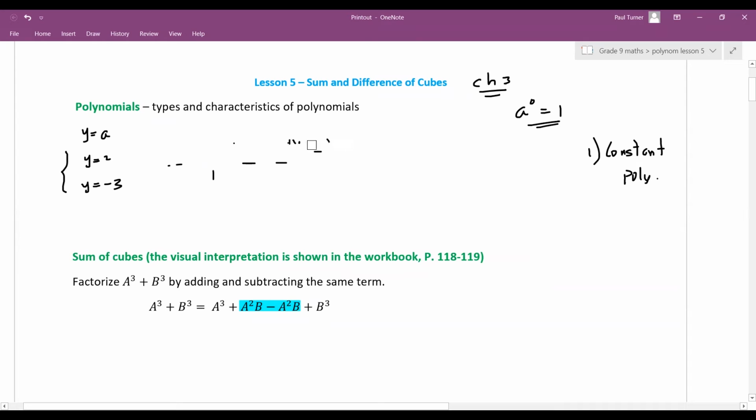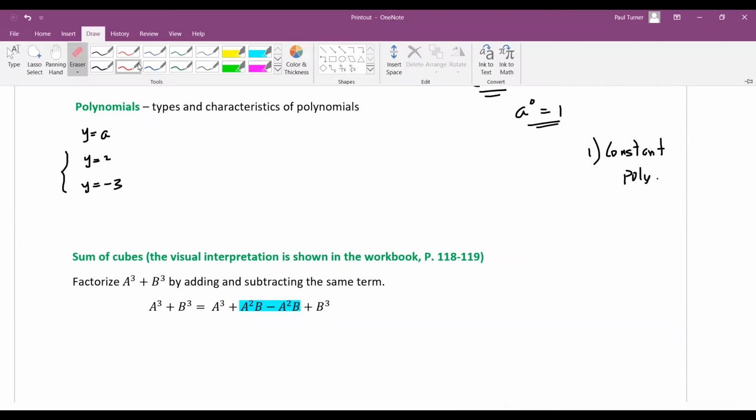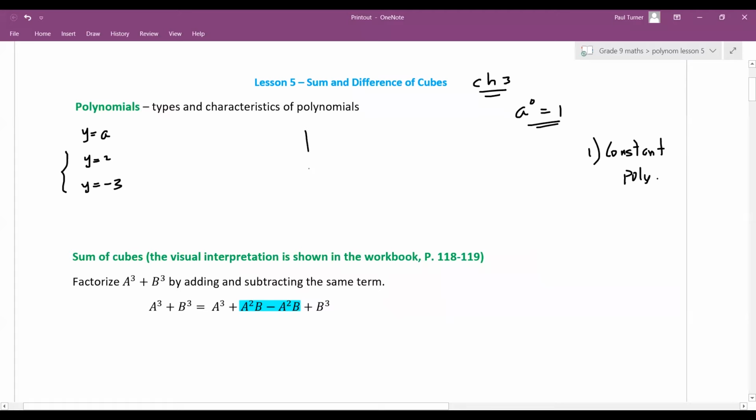So for example, once I clean that out, another example would look like this. And I'm sure you saw this in grade 8, right? Just a linear equation. So if that was 2 and that was -2, this would be the equation y equals x plus 2, like that. So this is a linear polynomial.